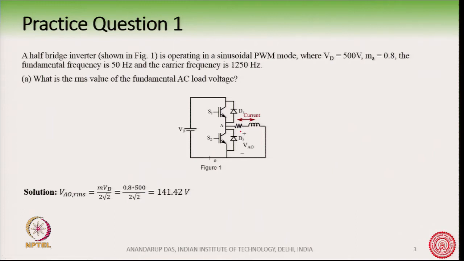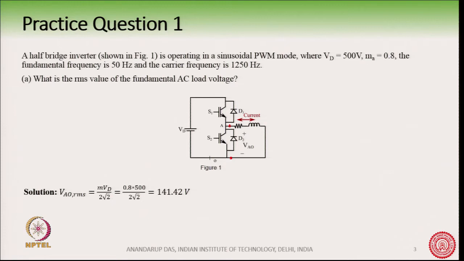The AC load voltage is the voltage that is appearing between the points A and O, that is the pole voltage. So, we have to find out what is the fundamental AC component in the pole voltage VAO, which is getting impressed across the load.